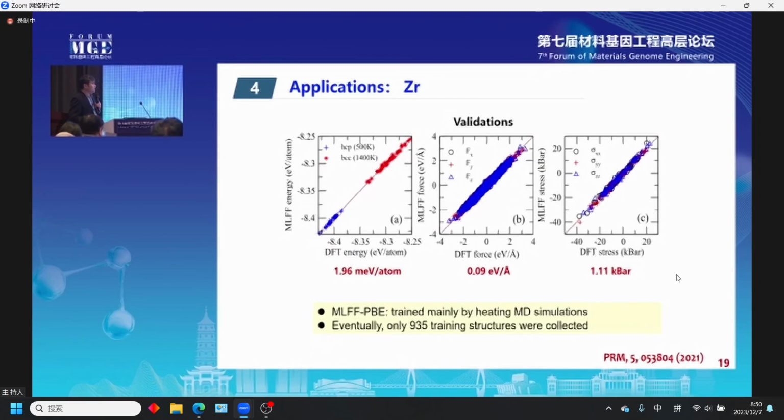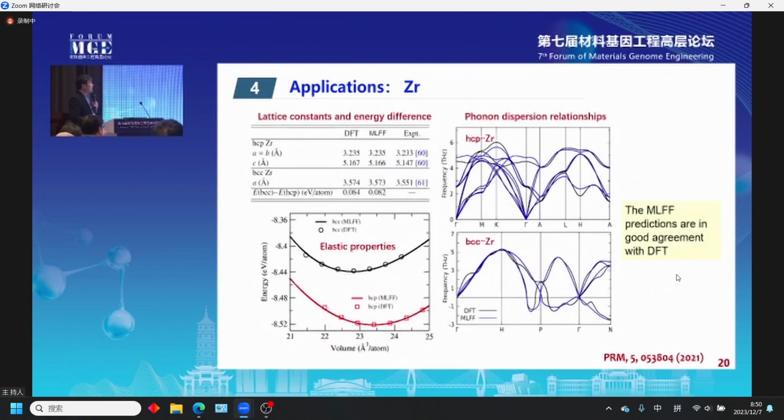We get very good efficiency: the energy, force, and stress nicely fit the DFT results. We also calculate the lattice constant, elastic constants, and the phonon dispersion, and finally fit well.